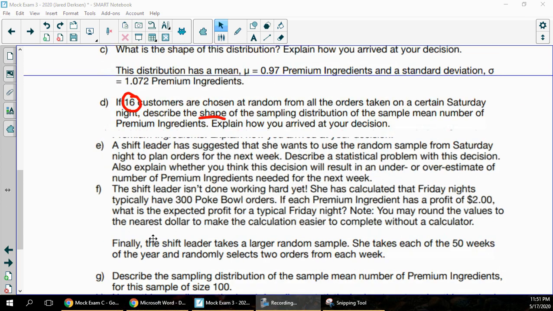Now for part G, it says she took a larger sample. She took 50 weeks in the year and selected 2 orders from each week. That gives me a sample size of 100. What's the sampling distribution here? Well, the sampling distribution is going to have the same mean. That part doesn't change. It's still 0.97. The spread is going to be smaller, since we've got a very large sample size, but the shape is approximately normal.